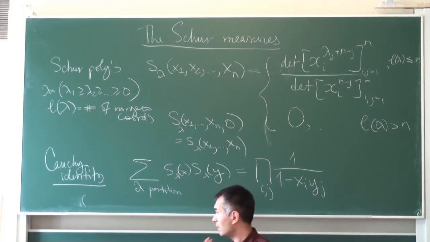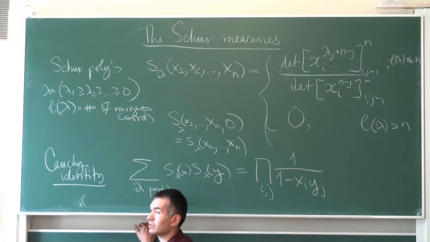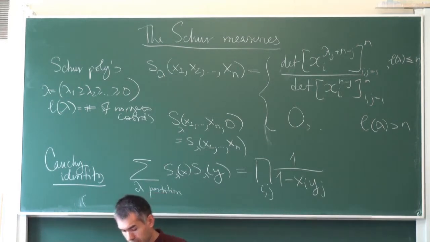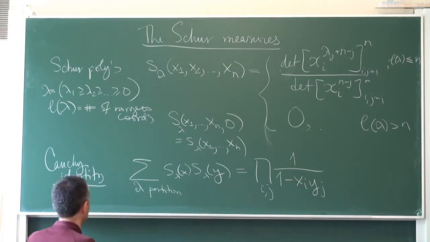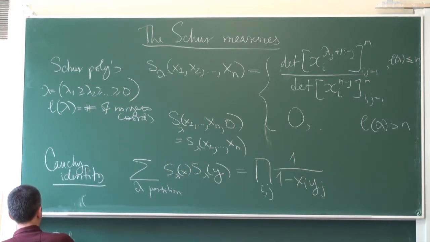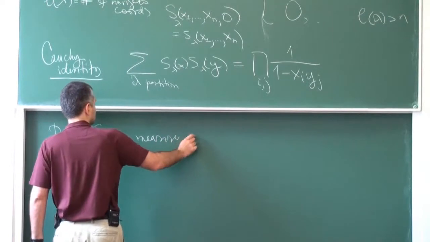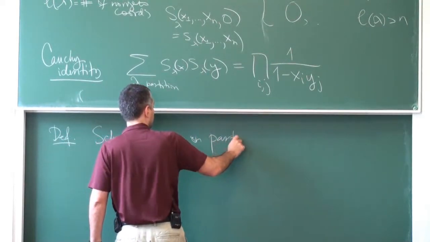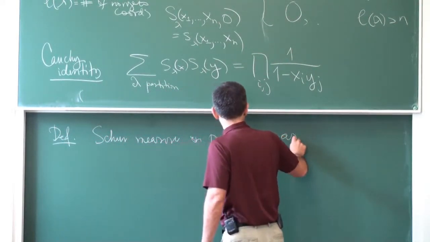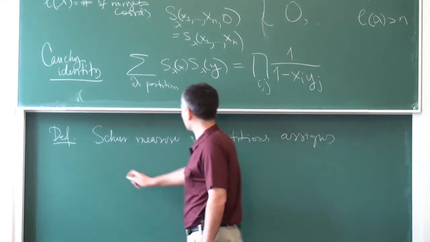So there is some materialization of this identity in representation theory, but I actually don't need it. So then the definition is that a Schur measure on partitions assigns weight.